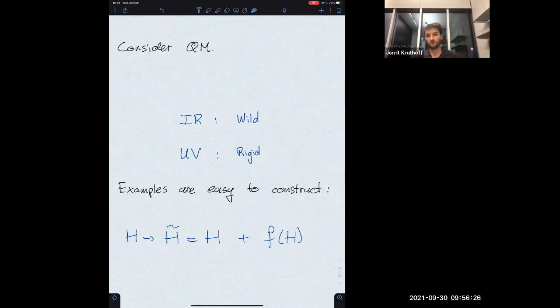And an example of this was this T T-bar theory, this deformation of the T T-bar theory that I discussed before. And so there's a whole host of different types of deformations that you can consider.